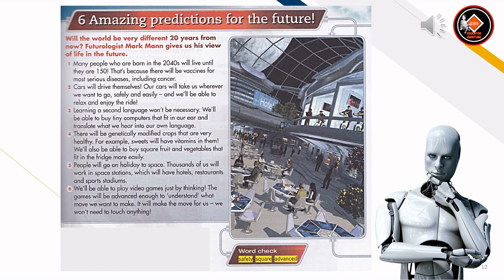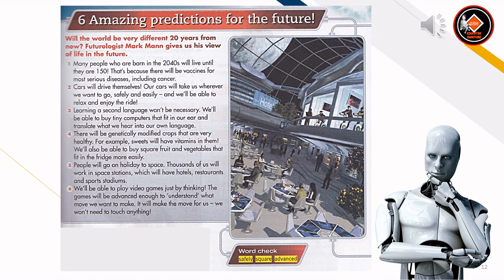4. There will be genetically modified crops that are very healthy. For example, sweets will have vitamins in them. We'll also be able to buy square fruit and vegetables that fit in the fridge more easily. 5. People will go on holiday to space.